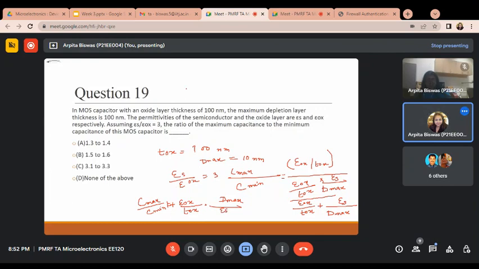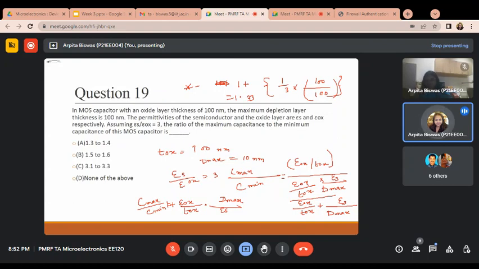Now here I am writing the value. 1 plus 1 by 3 into 100 by 100, and the value is 1.33.